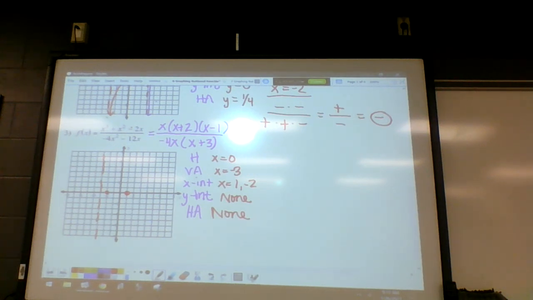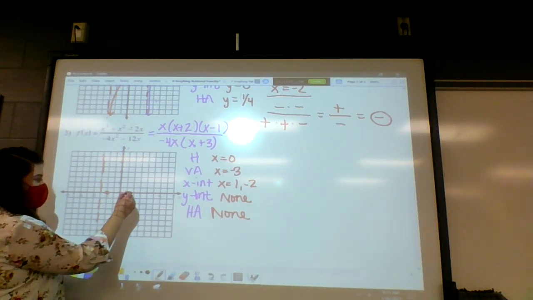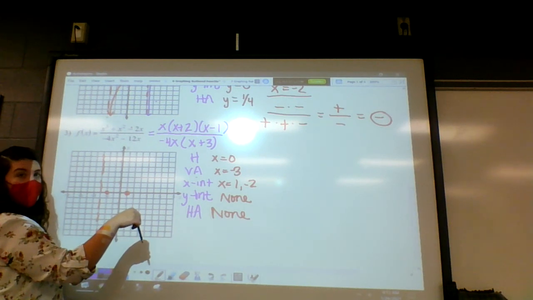So guess what we're going to have to do? We're going to have to pick numbers, right? They're called test values. So we're going to pick test values to decide if it's positive or negative. Would you like to start on the left-hand side or the right-hand side? The right? All right. You want to start at this point and decide if it goes up or down?